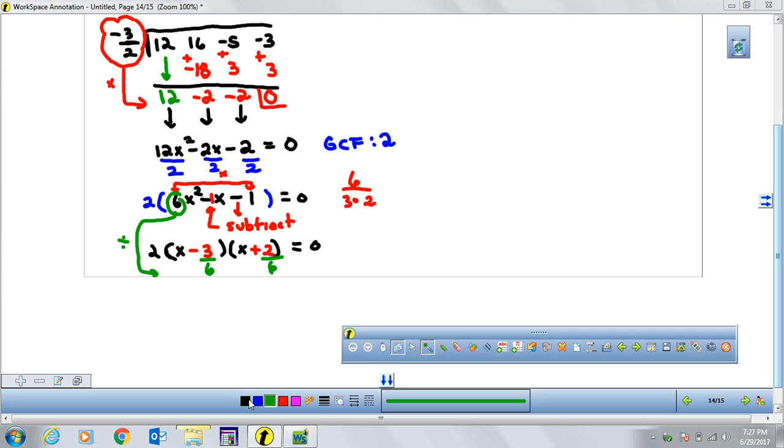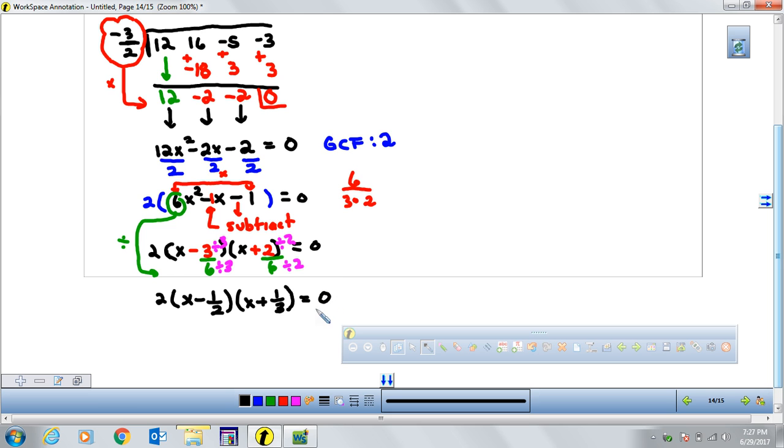With that fraction 3 over 6, we can simplify it by 3, and that gives us 1/2. So we're going to have x minus 1/2, and the 2 and 6 we can divide by 2, and that's going to give us 1/3. So that gives me x plus 1/3 equals 0.